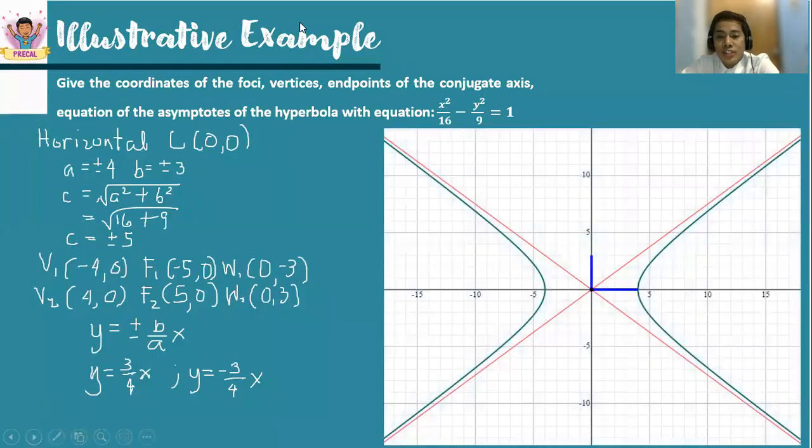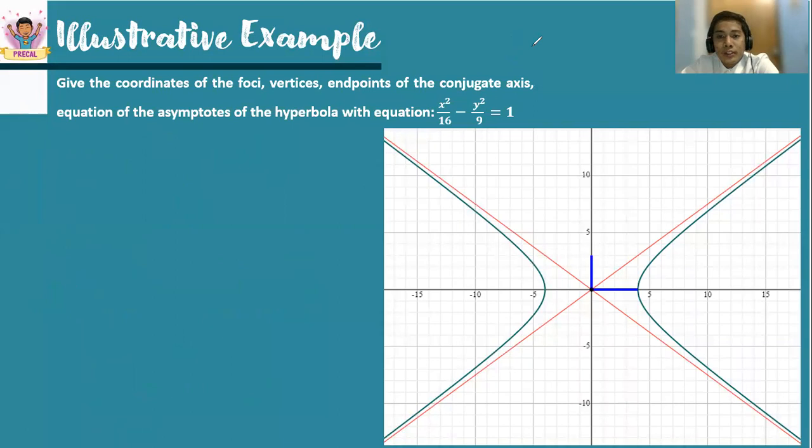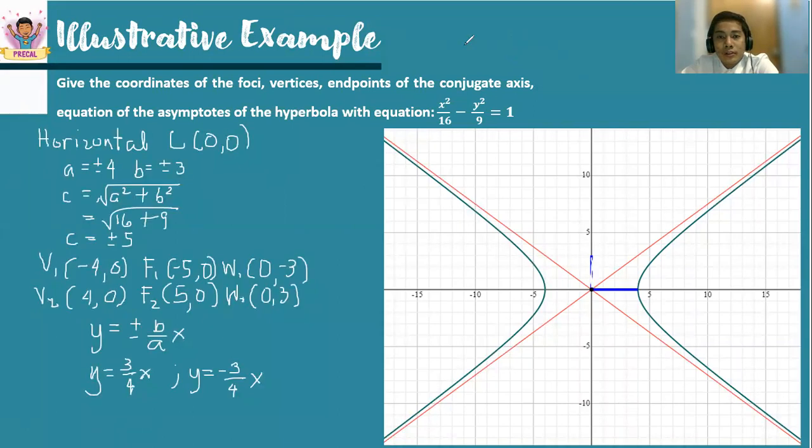So again, let us check. That blue line there is what we call the length of the conjugate axis. Well, this one is the length of the transverse axis, which is 4 units.